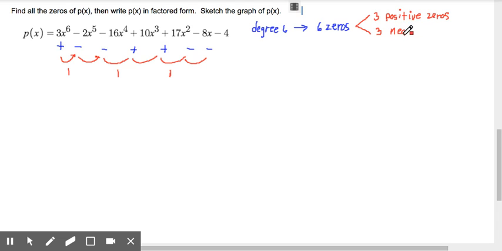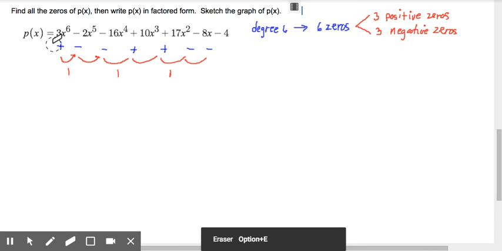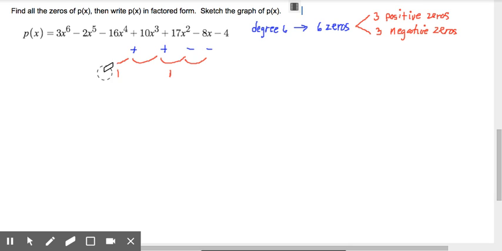So 3 negative zeros. Again, there are 3 positive zeros because there are 3 sign changes. If there's only 2 sign changes, then there's only 2 positive zeros.